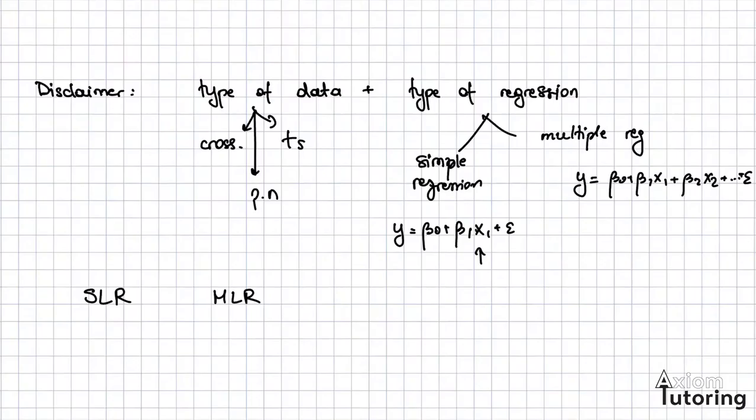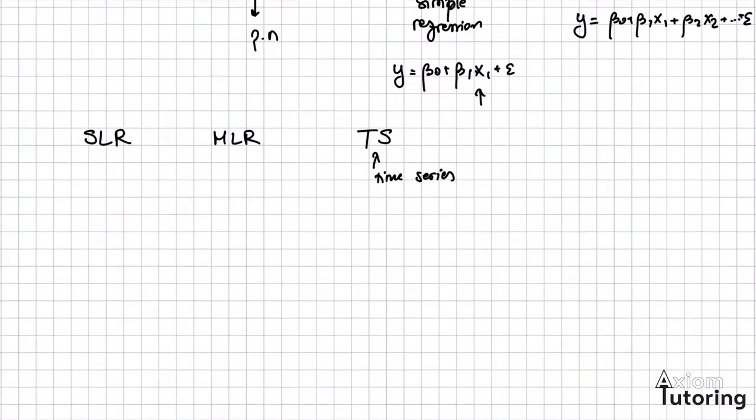The other time that labels might be changing is when we deal with time series, and we're going to see TS for the assumptions. Keep in mind, most of the time the intuition behind these assumptions is the same. However, the wording needs to be adjusted depending on whether we're working with SLR, MLR, or time series.